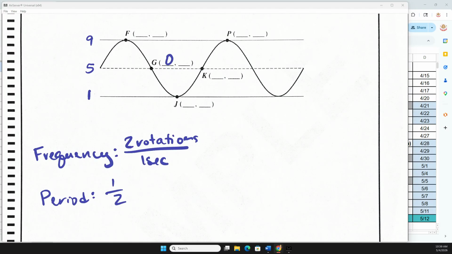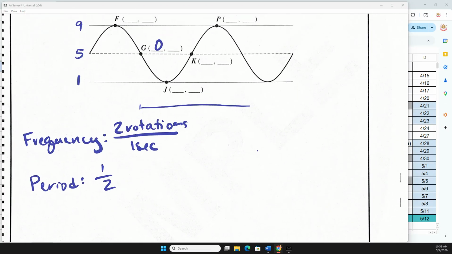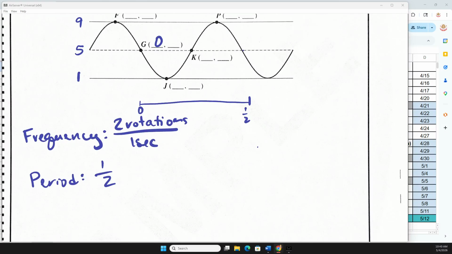So where is that going to make the end of the period be? After P. So this right here is going to be a 1/2. So what's that going to make K? 1/4.